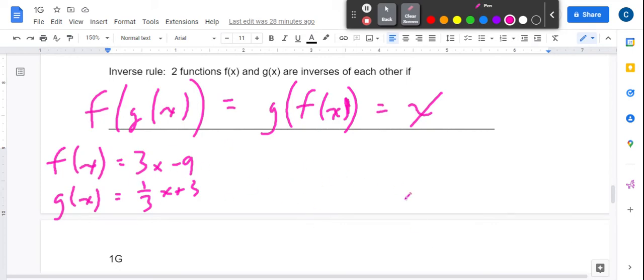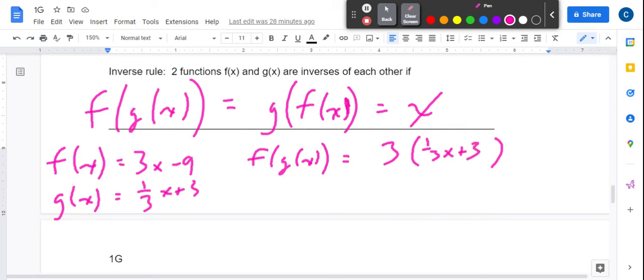So if we were to do f of g of x, so we're going to have 3 parentheses 1/3 x plus 3 minus 9.